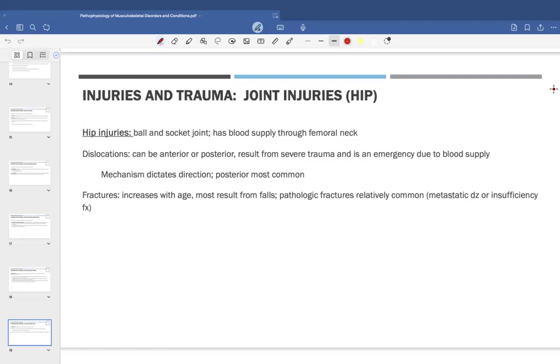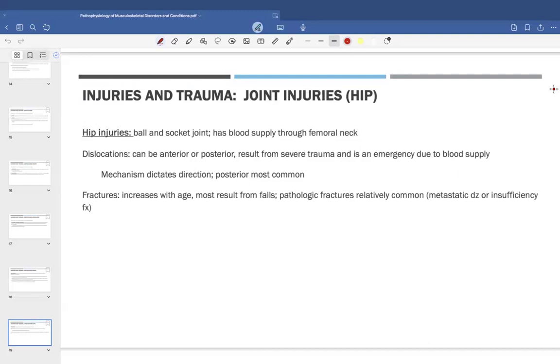It also depends on whether they had a total hip or a subtotal hip. Fractures you're going to see more often as patients age, either through insufficiency fractures due to osteopenia or pathologic fractures due to cancer or other metabolic diseases. You always have to be suspicious in your elderly patients with hip fractures.